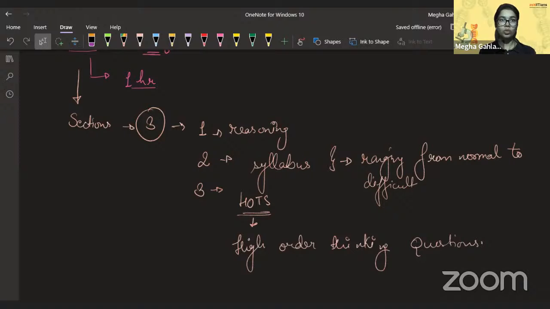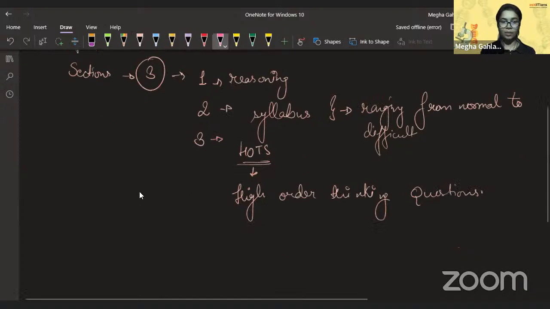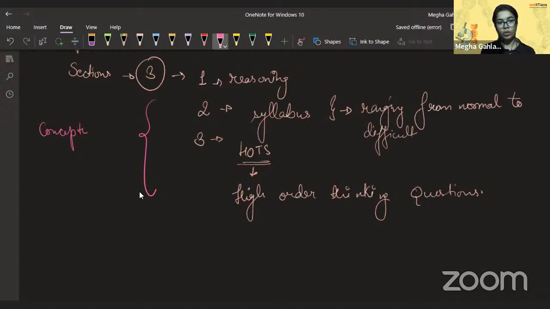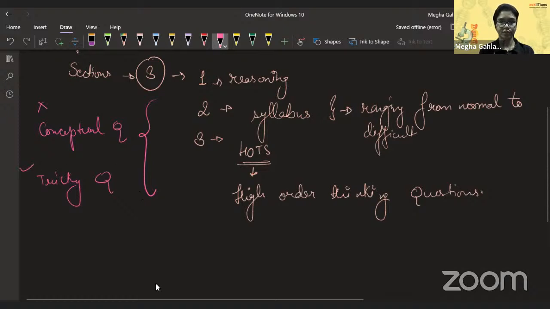Right? On top of that, we have several other things that you should know about an exam. This sort of exam has questions which are not conceptual, right? The conceptual questions, a big no-no, but we have the tricky questions.